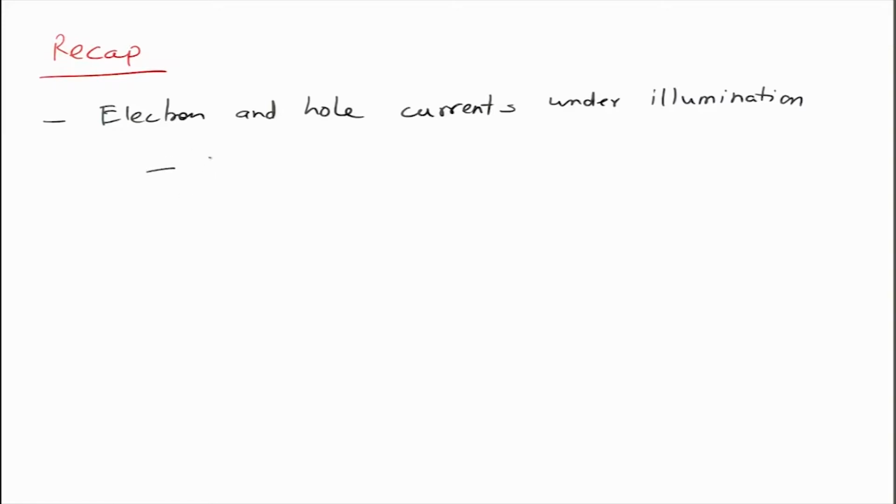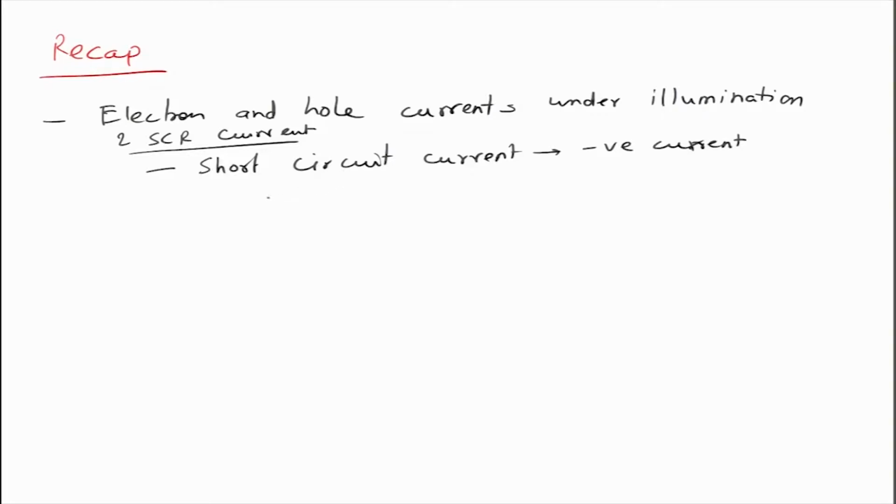So the first is short circuit current, and of course the SCR current. There are three components of the current. First we looked at the short circuit current, which is basically a negative current.